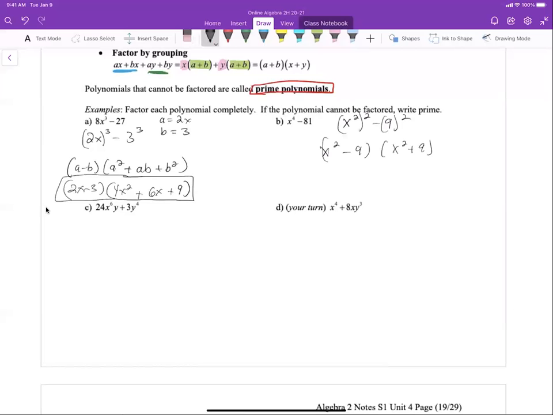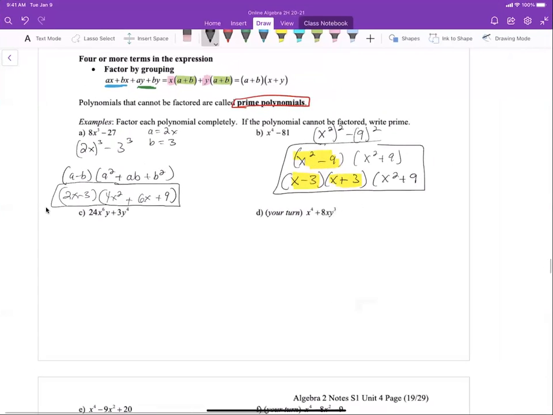I'm not done yet, and this happens quite often because x squared minus 9 is another difference of squares. That is the same as x minus 3 times x plus 3. X squared plus 9 does not factor, so we are done. And this right here was broken down into this portion right there. So just because you've done one step doesn't mean you're done. You've got to keep asking yourself, is it another pattern?